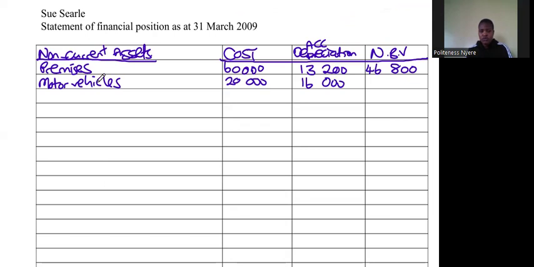The other way you could do it is to calculate 20% of 20,000 minus 15,000, as we did in our previous lesson on the income statement, to find your 1,000.